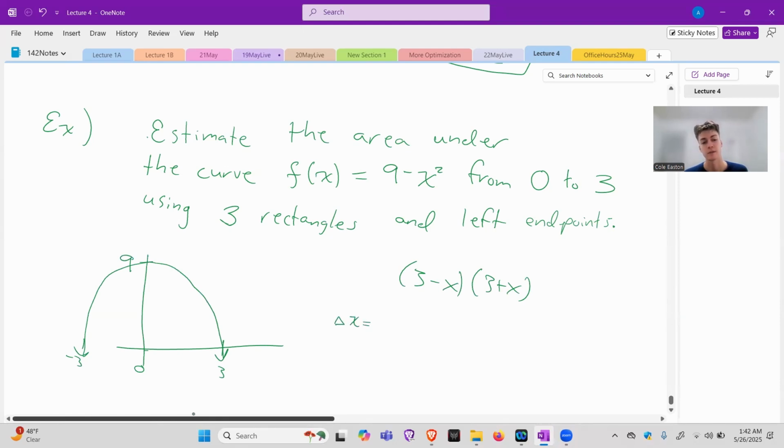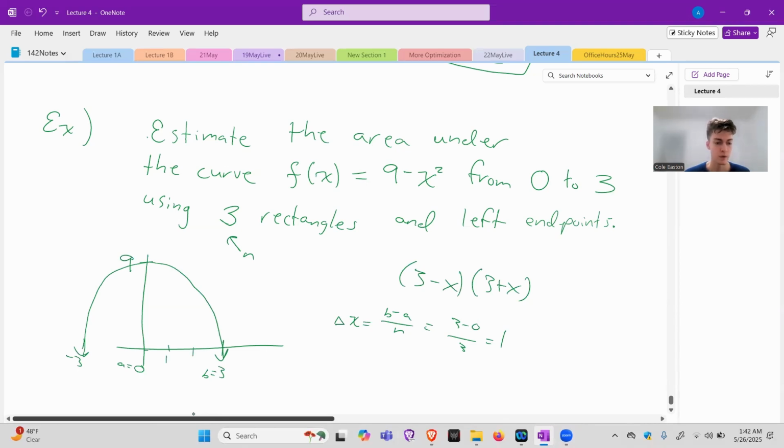So delta x we said is b minus a over n. Remember that our right thing is our b, our left thing is our a, and n is the number of rectangles that we're using. So that's b minus a over n, which is 3 minus 0 over 3. So that's 1, which I think we already knew, but in other cases it might not be as obvious.